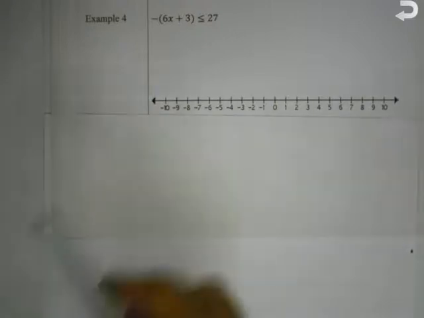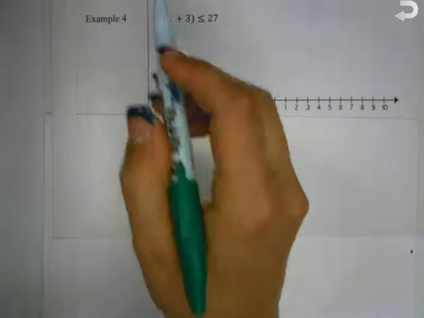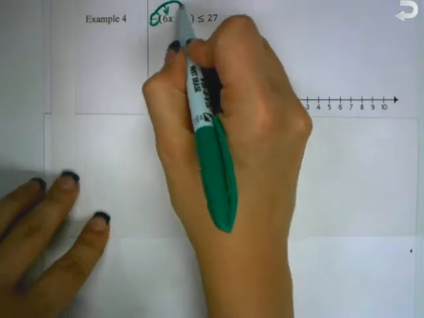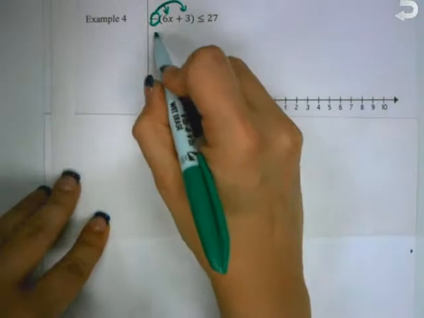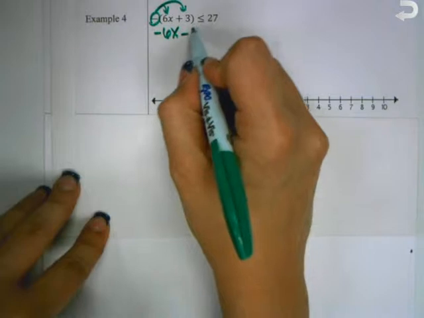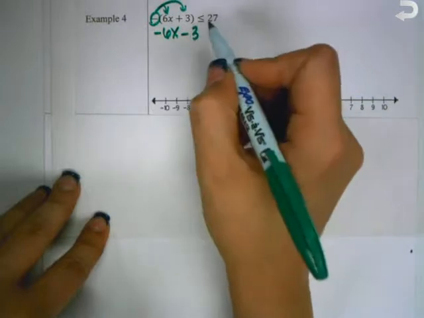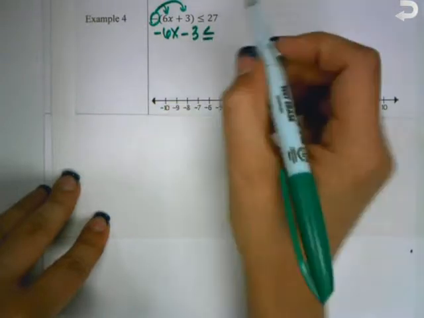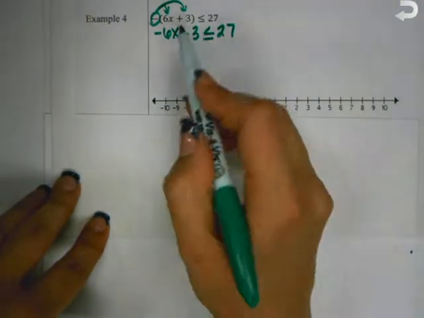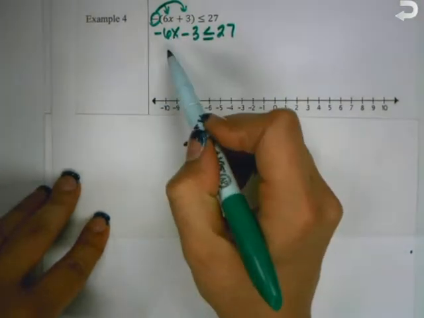So it becomes -6x minus 3 less than or equal to 27. Is x on the left-hand side? Yeah, so I don't have to flip anything. So then what would I do to solve? Add 3. I would add 3 to both sides.